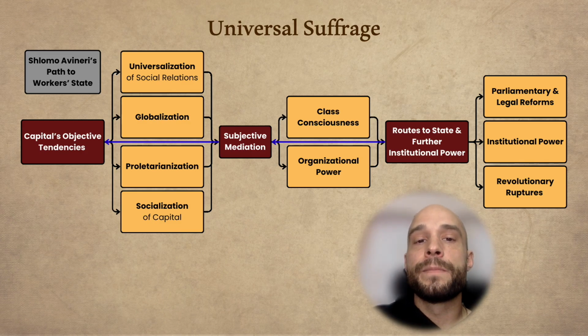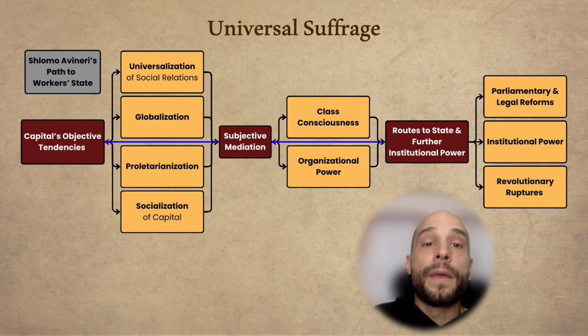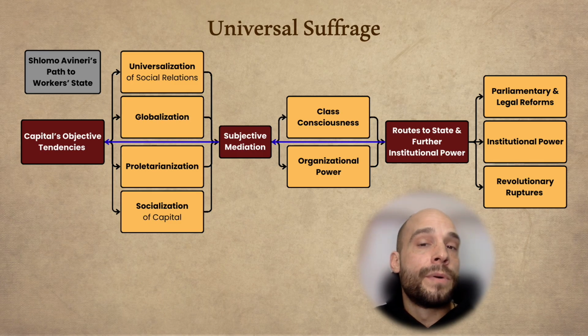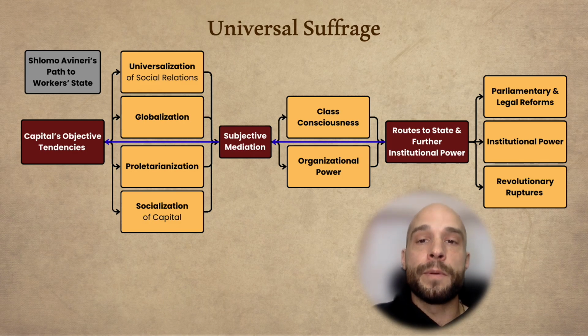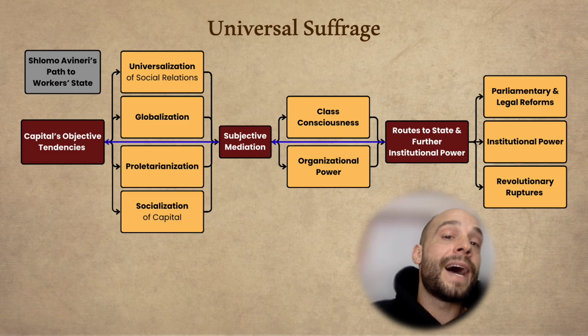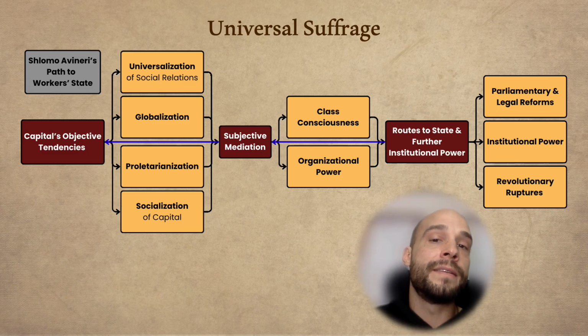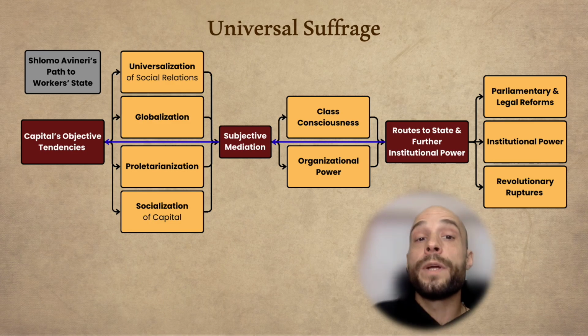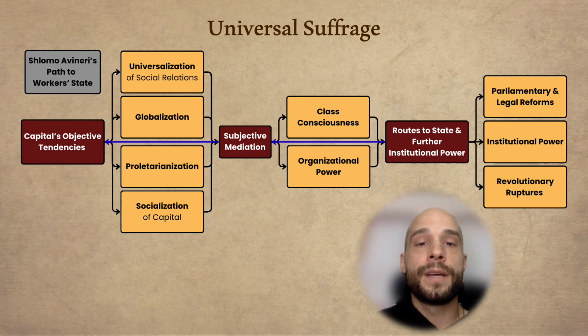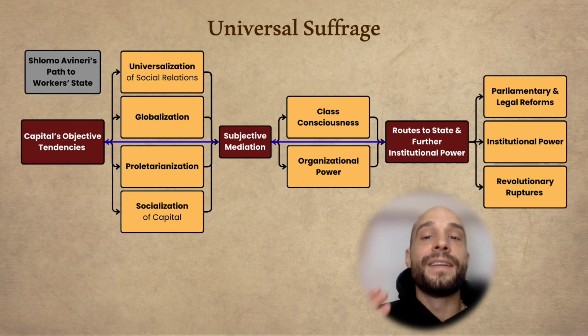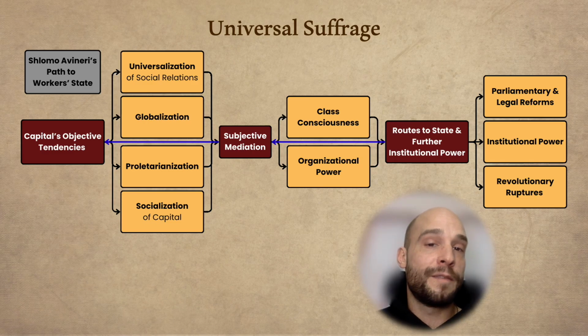When a class becomes conscious and organizes itself with institutional power, capable of mediating capital, routes to state and further institutional power become walkable. As we pursue routes to deeper power, this process again dialectically turns back on and deepens class consciousness. What's important to notice from a dialectical standpoint is that Avineri's path to a worker state follows the classic triad of unity, difference, and then unity in difference together.